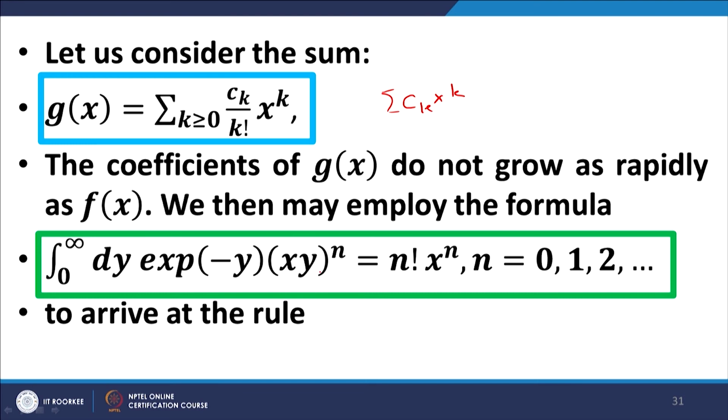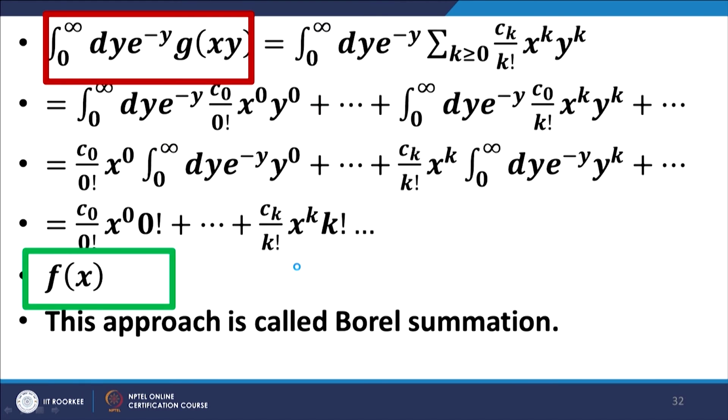This formula is quite straightforward. x to the power n can be taken outside the integral, and we get the gamma function, which is easily worked out. If we evaluate the integral dy e^(-y) g(xy), let us see what we get.